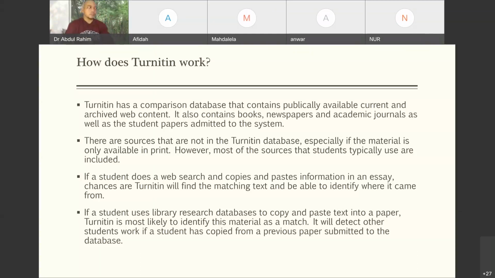Okay, there are sources that are not in the Turnitin database, especially if the material is only available in print. So this is the weakness of Turnitin, because they cannot store information that is only available in hard cover, in the print version.